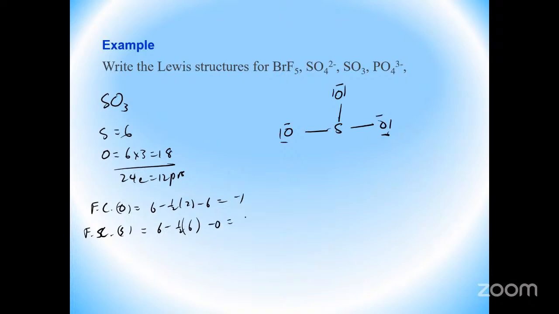So that's 6 minus 3, so that's +3. So the sulfur has a +3 charge, and each oxygen has a -1 charge. So what do you think is going to happen in this case? We're going to put double bonds on here, here, and here. So your final answer would be O double bond S, double bond O, double bond O, and that's it.